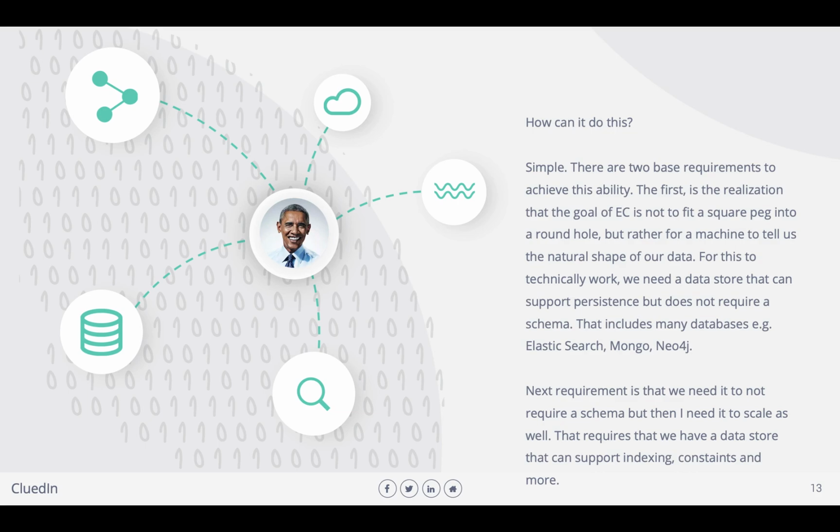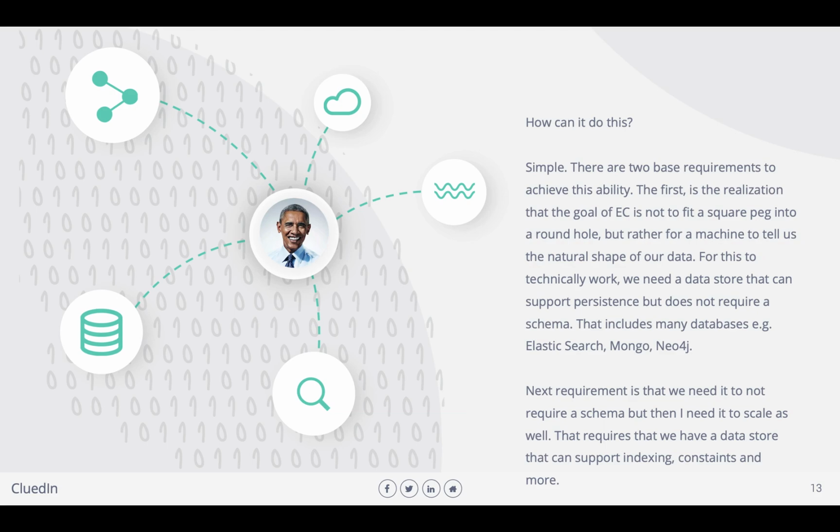We don't know what the natural model is of the 5, 10, 100 integration sources that we are plugging in. So fortunately, that already gives us quite a lot of choices. You'll probably know that most NoSQL databases do not require a schema up front. Good examples would be Solr, Elasticsearch, Mongo, Neo4j, etc.